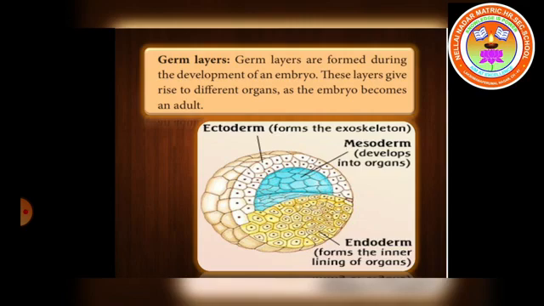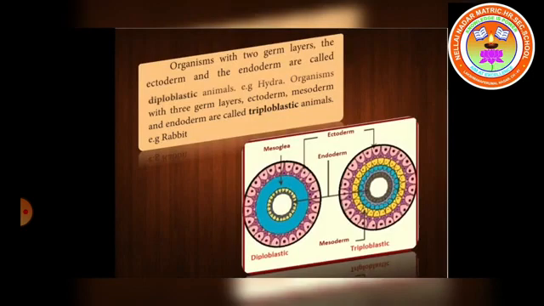Based on the presence of the germ layers, animals are categorized into two types: diploblastic organisms and triploblastic organisms. So what are diploblastic organisms? Organisms with two germ layers, the ectoderm and the endoderm, are called diploblastic organisms.